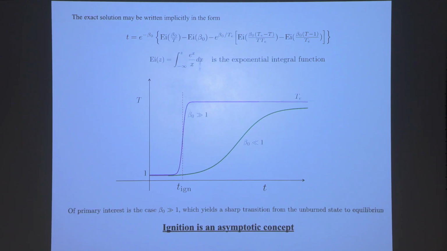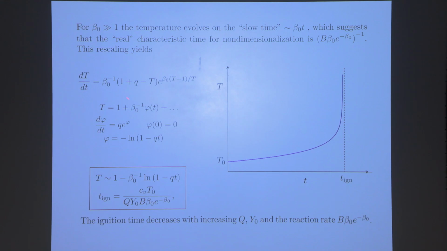And so how can we describe T ignition? What we are going to do is say that the temperature in the early time changes slowly from 1 until we capture that rapid change, okay? That's where ignition occurs, and then later, if you are interested, you integrate the rest. And so here is the small variation, the perturbation from 1, and you obtain an expression where T goes like log of 1 minus QT.